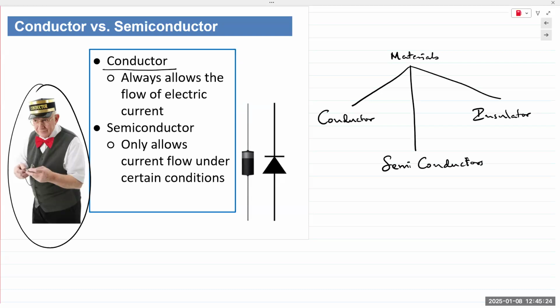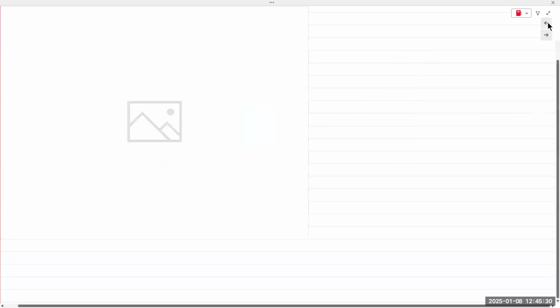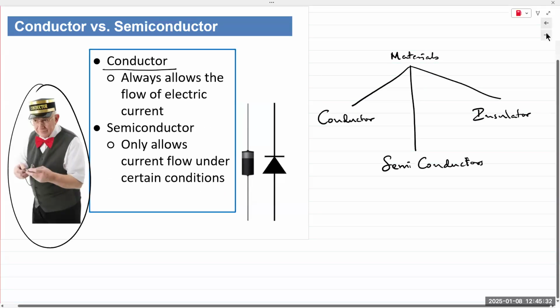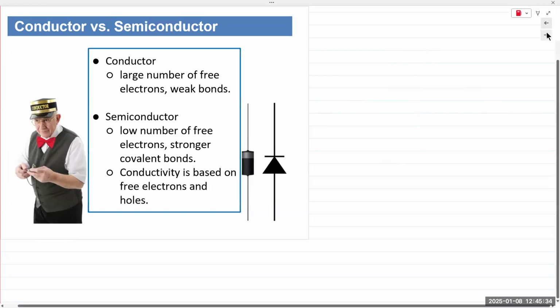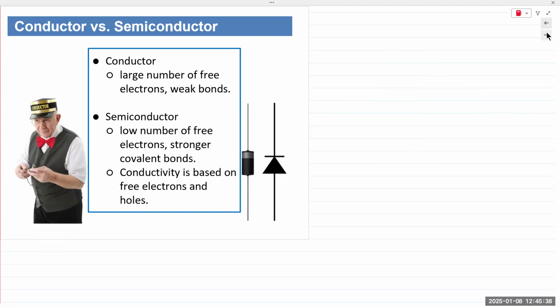These conditions are, of course, based on our application. Differences between a conductor and an insulator and a semiconductor are basically the available electrons for electricity or conduction of electricity.